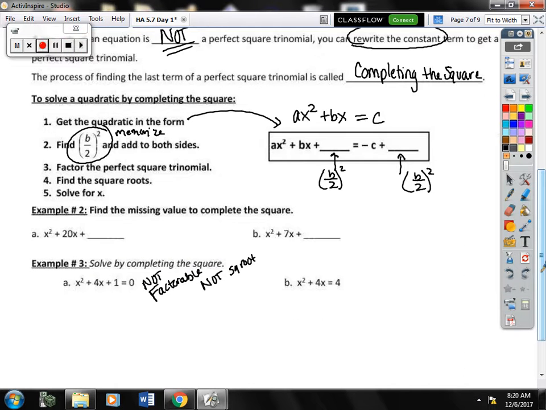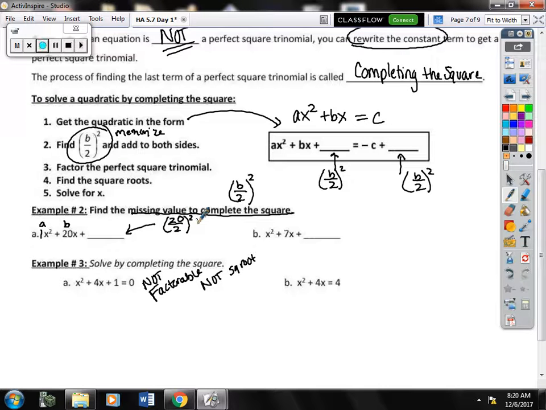All right, example 2 just asks us to find the missing value to complete the square. So all it wants you to do is use the formula b divided by 2 squared, and make sure you know how to plug in the values. So we know that this is our a value, this would be 1. Our b value will be 20. So to figure out what completes the square, I would do b, which is 20, divided by 2, and then I would square it.